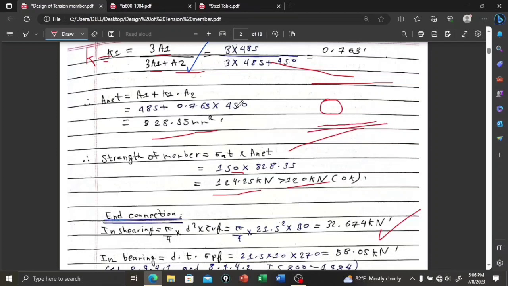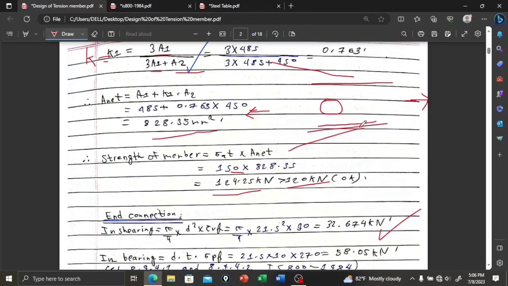So the tension force will be like this, and in bearing means if the load acts in this direction, the rivet will try to move.